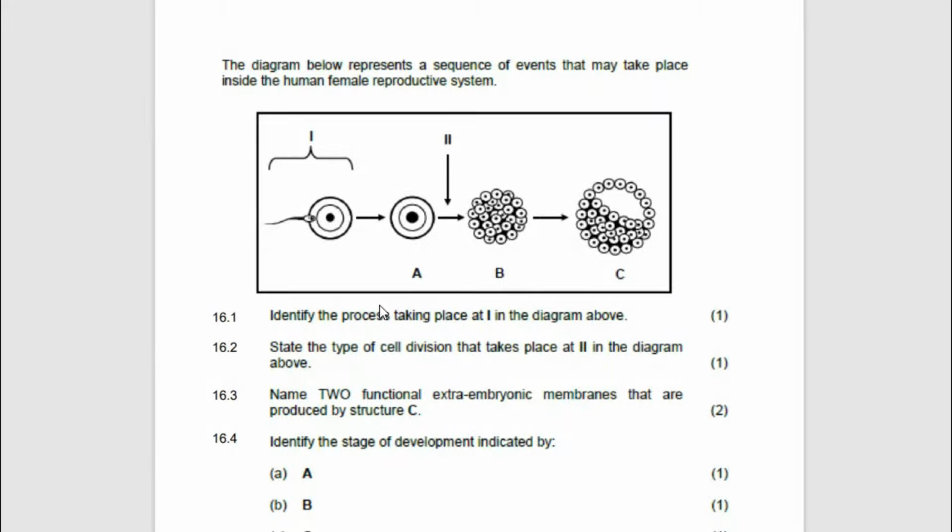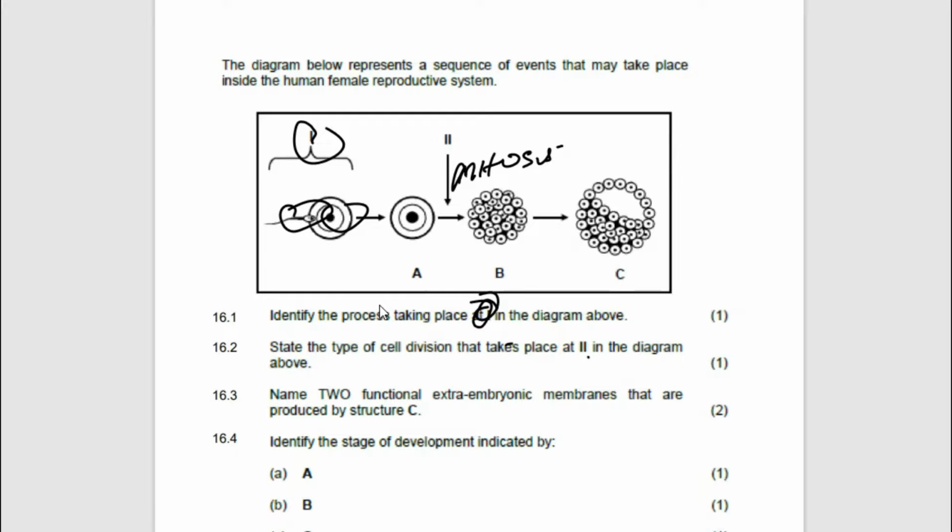Identify the process taking place at 2. Where's 2? You see? Zygote forms a ball of cells, which you call morula. Diagram 1, you say sperm fusing with the ovum to form the zygote. So the process is fertilization.